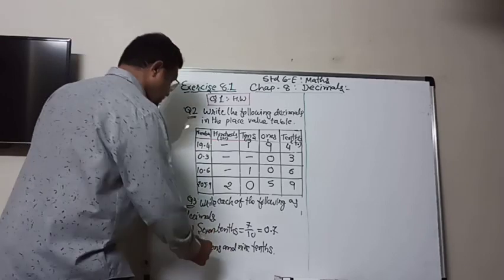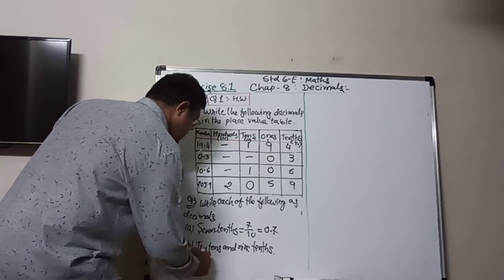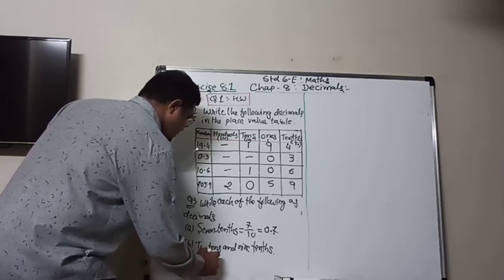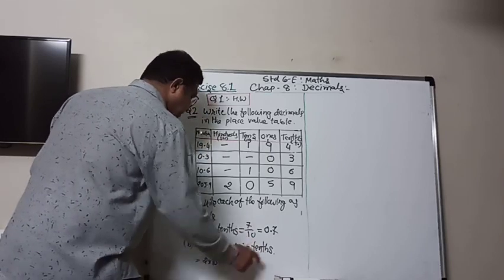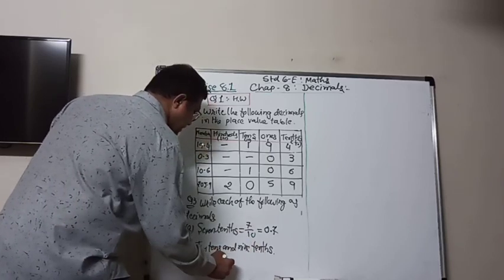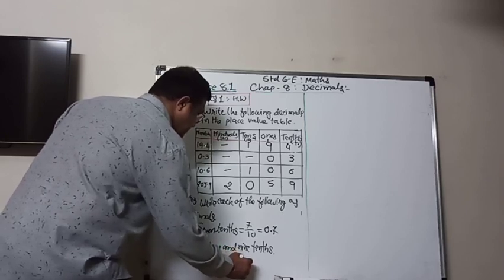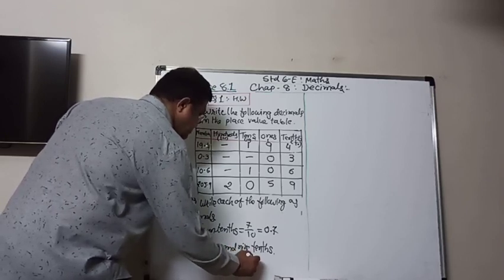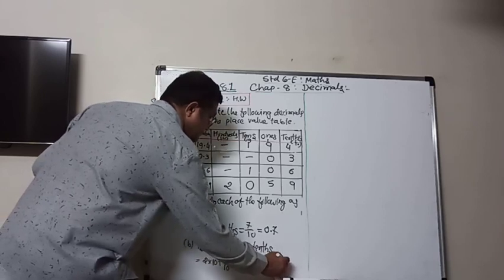So here 2 tens, that is 2 multiplied by 10, plus 9/10 means 9 upon 10, and that is 20 plus 0.9, that is 20.9.